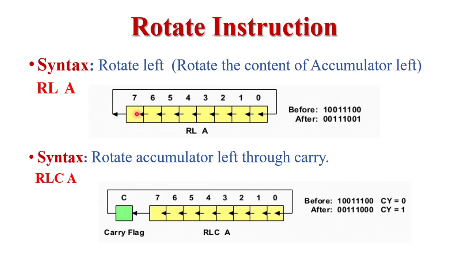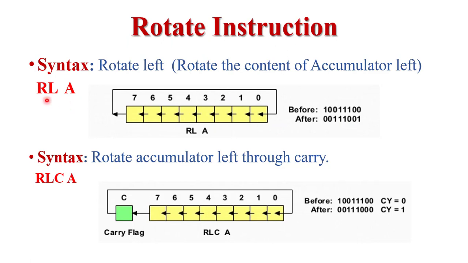So the 7th bit comes into the 0 location and the 0 bit comes into the 1 location. The 1 bit moves into 2, 2 into 3, 3 into 4 and so on. So after execution of this instruction, the result is 1001100. Got it?